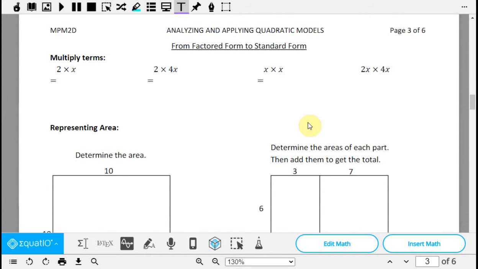The next step is to look at going from factored form to standard form. In order to do that, we're going to practice some skills from grade 9, which is simplifying when we multiply factors together that involve variables.